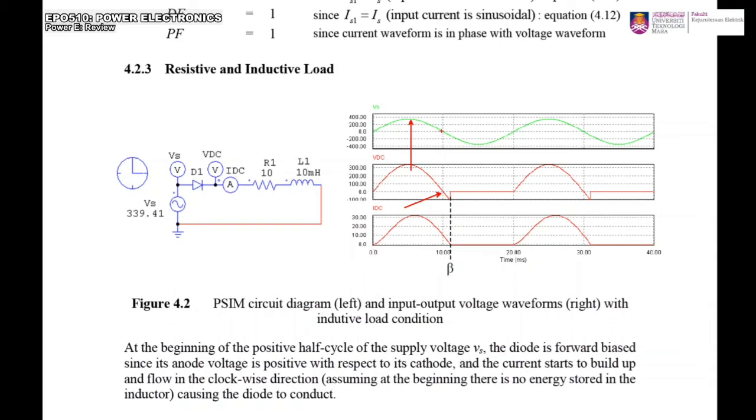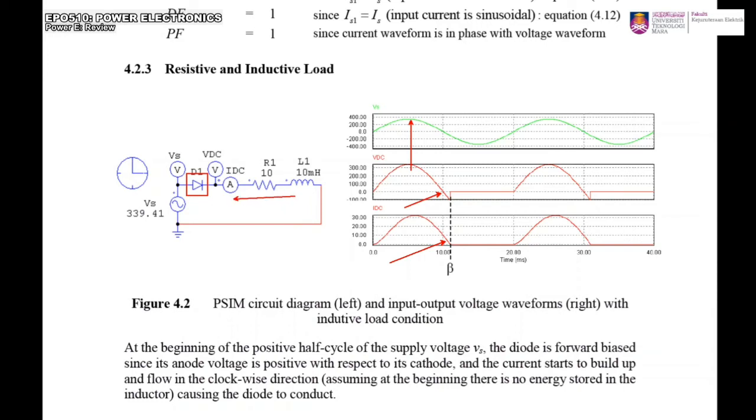When it crosses into the negative half cycle, the diode is actually reverse biased, because it's a negative voltage. But if you look further, the current is still flowing in this direction.